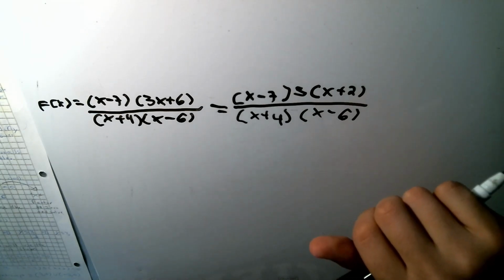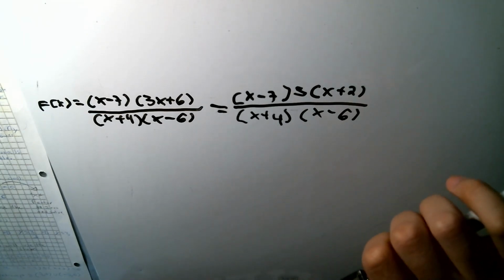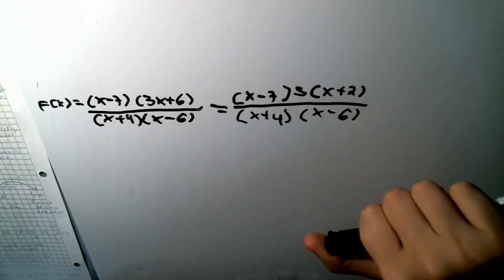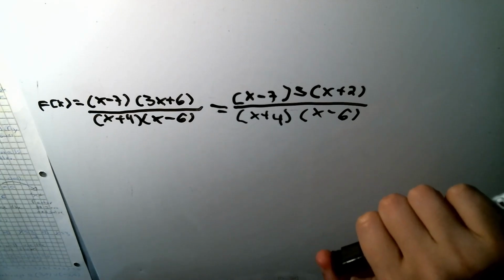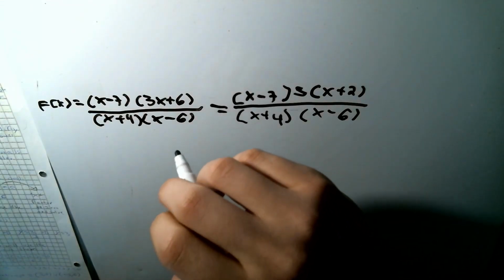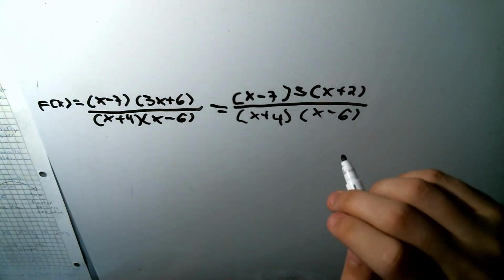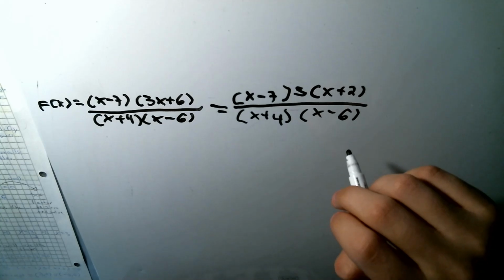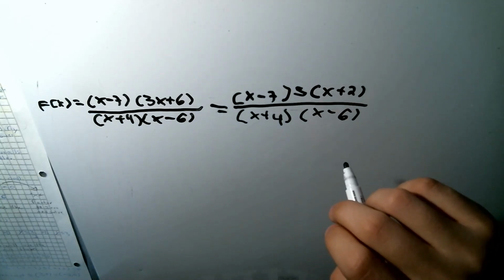Now we are going to calculate the vertical asymptote. We use the denominator for this purpose. We'll keep using the simplified version because that's easier.